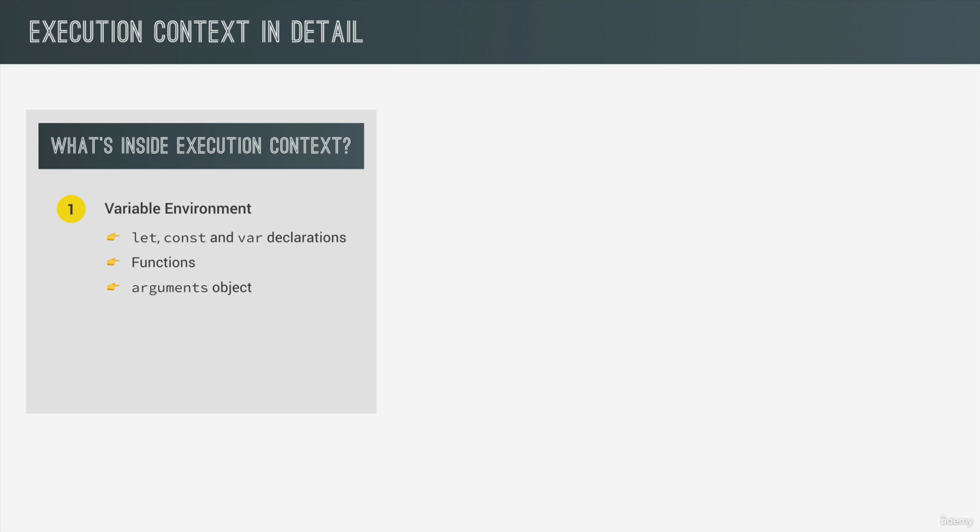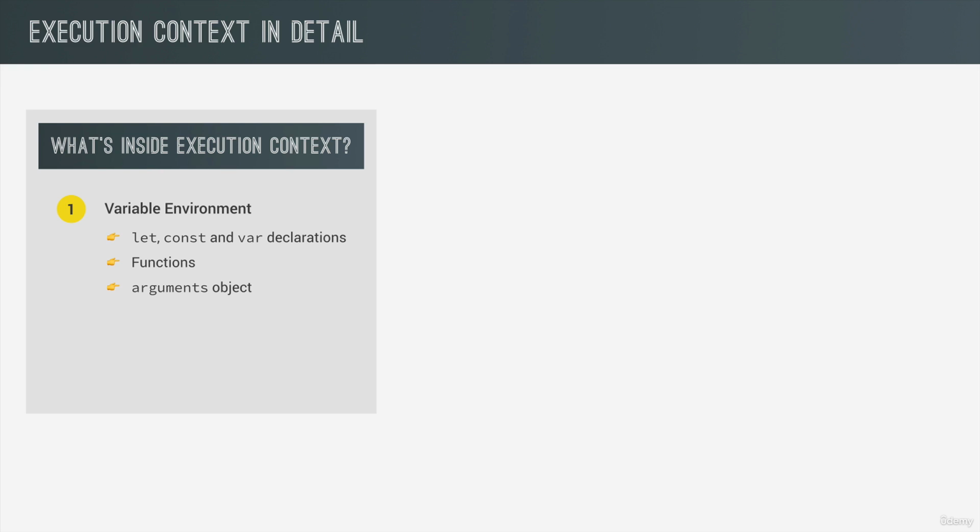This object contains, as the name says, all the arguments that were passed into the function that the current execution context belongs to. Because remember, each function gets its own execution context as soon as the function is called. So basically, all the variables that are somehow declared inside a function will end up in its variable environment.